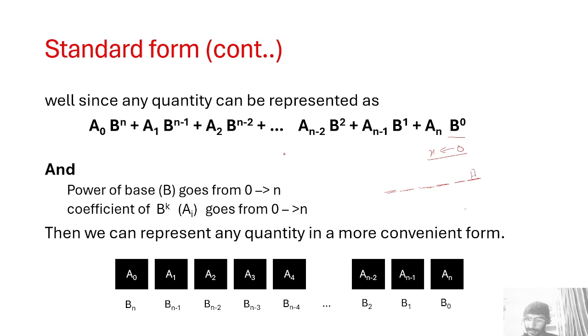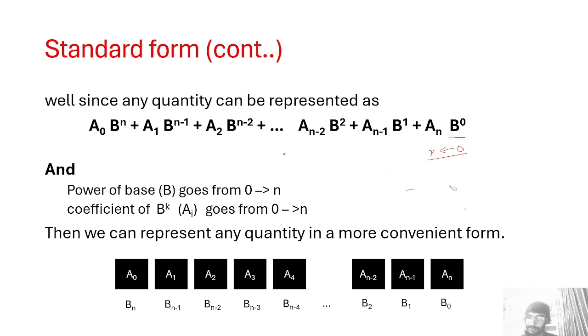For example, in this case, a_{n-1} and so on up to a_0. If you know the base, this form is very convenient to write any quantity, rather than including the base in multiplication with those coefficients, because the position of that coefficient will itself tell you that you are supposed to multiply this coefficient with the base to the power of whatever position your coefficient is at.